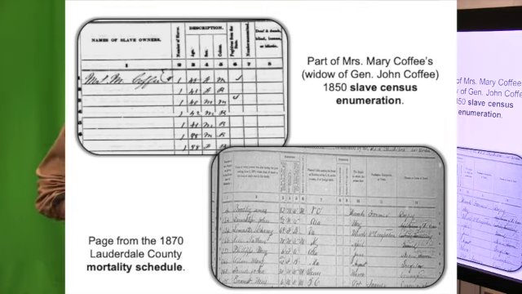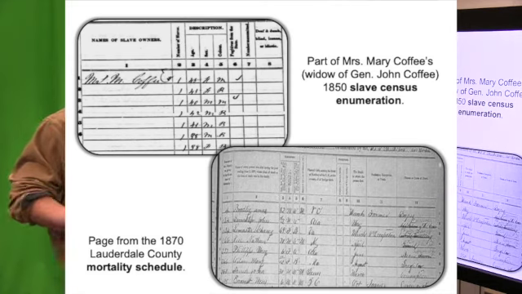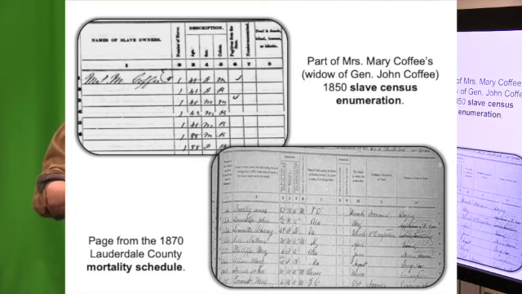And then the bottom one is part of the 1870 Mortality Schedule. At the same time the census taker did the population schedule, they took agricultural schedules, industrial censuses, mortality schedules, censuses of blind, deaf, and insane people. And this is from the mortality schedule where they recorded all the deaths in a given county of a given state for that census year.